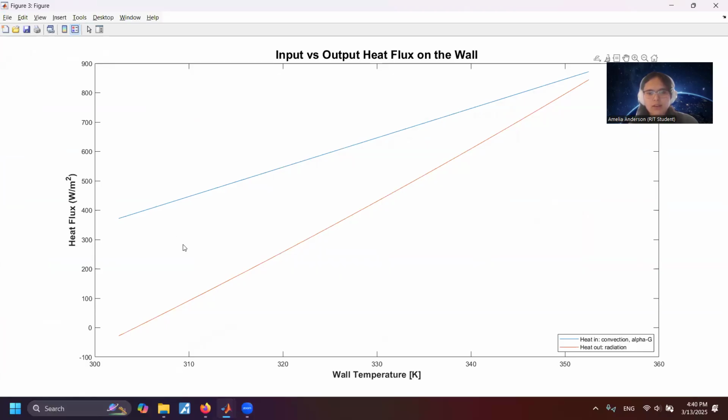And we can see that the wall temperature has to get really hot before the convection combined with the irradiation is met by the radiation. The wall temperature is breaking 350 K here, and it's not even intersected yet.